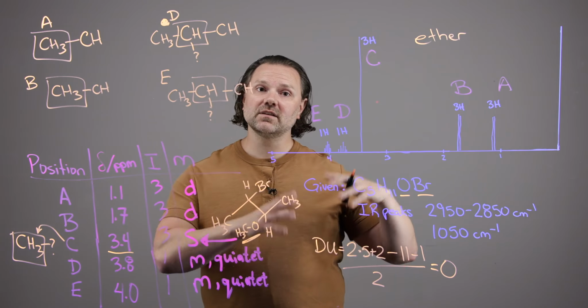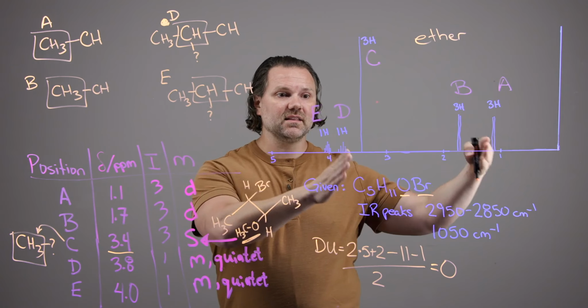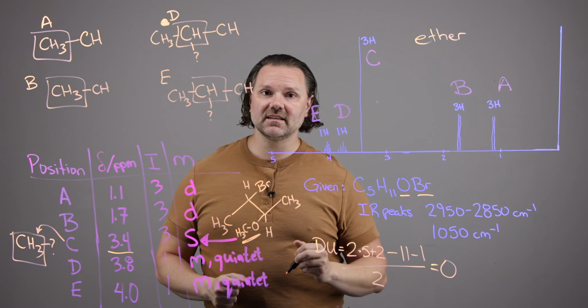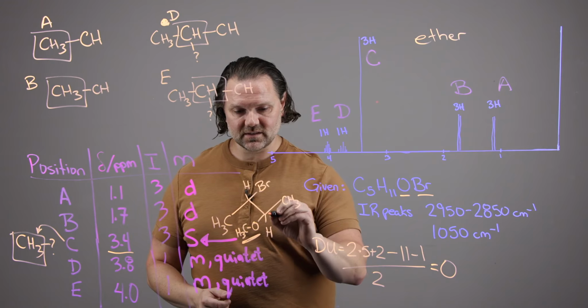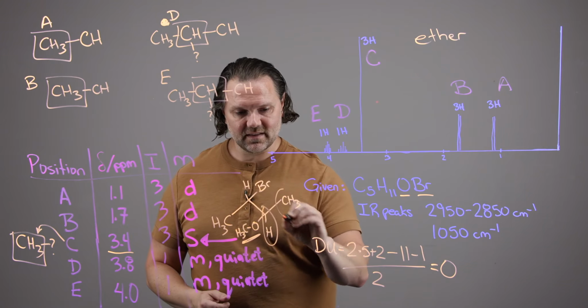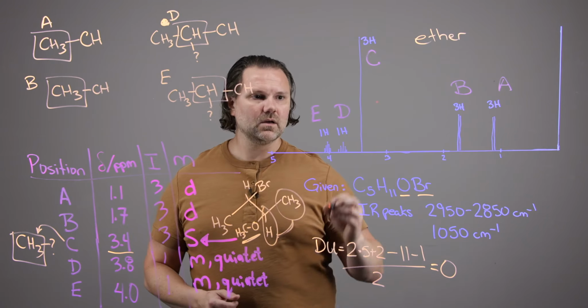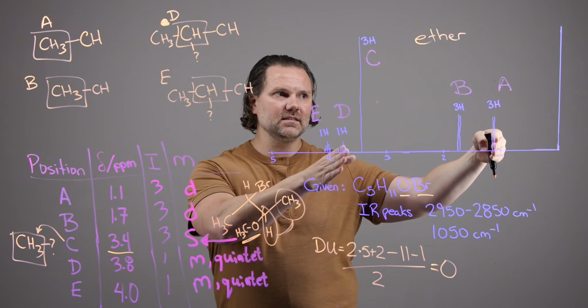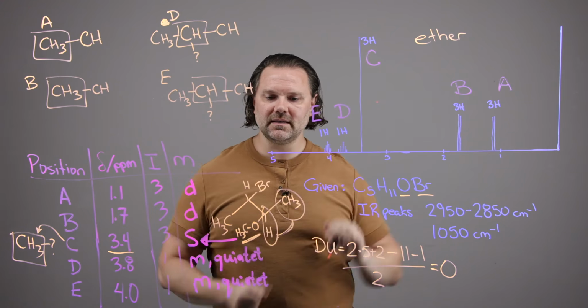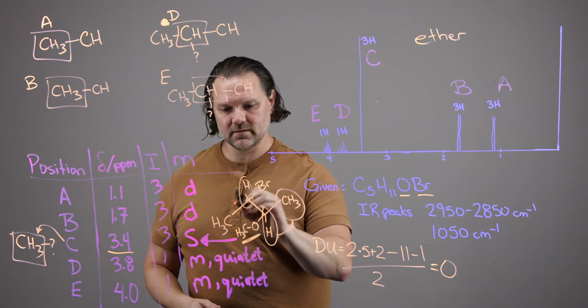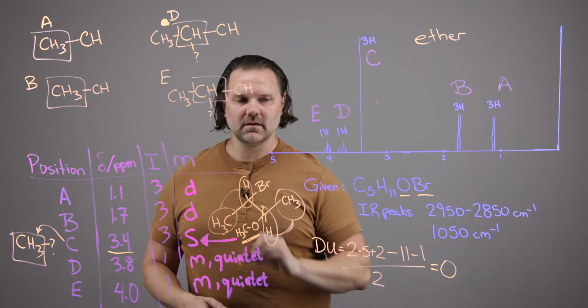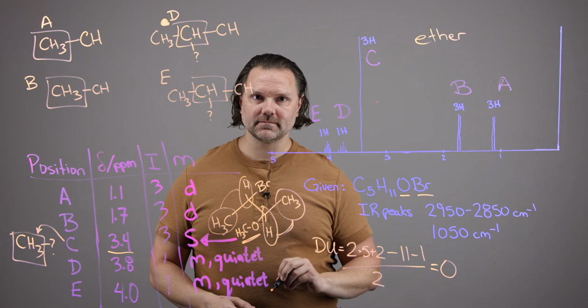So the things that are near the bromine are going to be the same pair, and the things that are near the oxygen are going to be the same pair. In other words, this group and this group will be either A and D or B and E. Then the other group, here and here, will be the other pair.